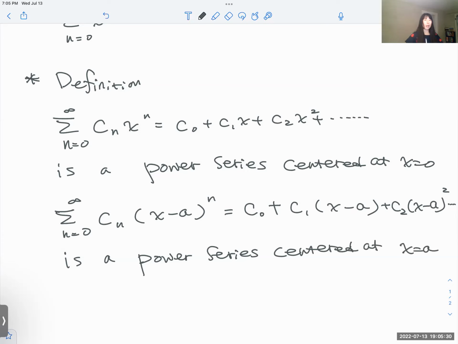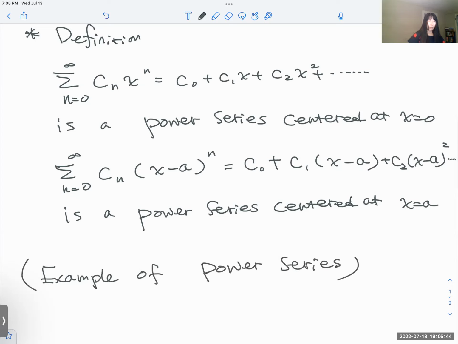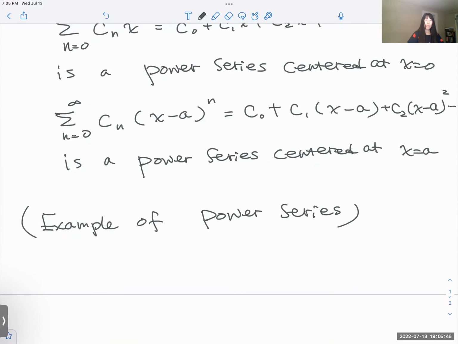Now, here's an example of a power series, centered at x equal to 0.